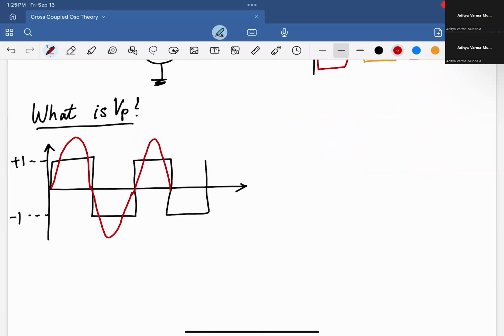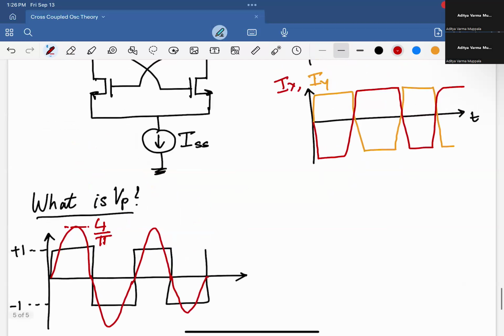You can decompose the square wave into Fourier series, and then the Fourier coefficient of the first harmonic, or the fundamental, would have an amplitude that is about 4/pi. So this value is about 4/pi. Once again, a rule of thumb to keep in mind.